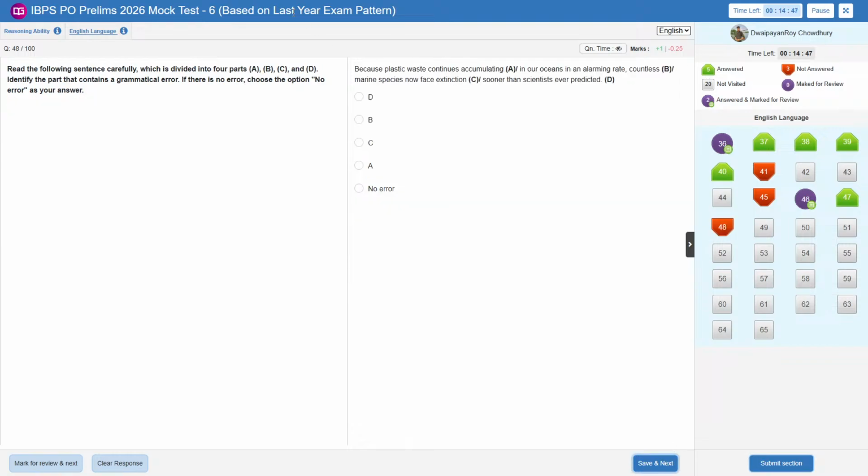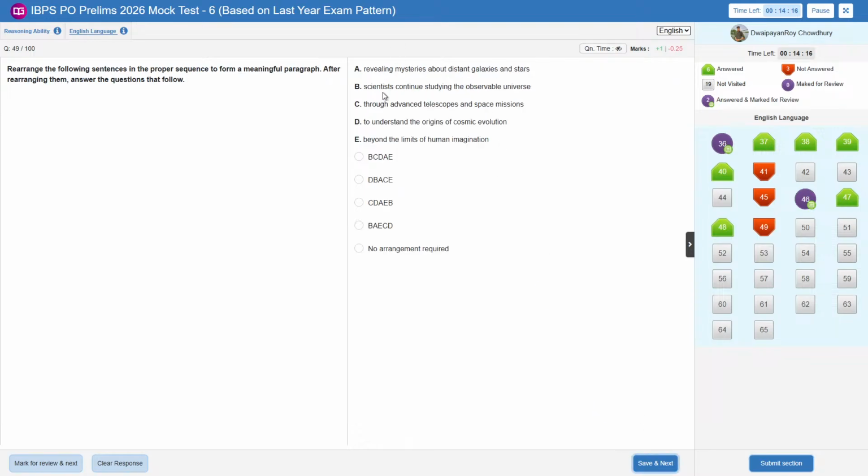It's only BL. Because plastic waste continues to accumulate in our oceans at an alarming rate, countless marine species now face extinction. Yeah. Later.